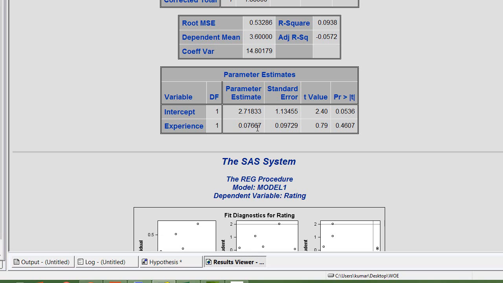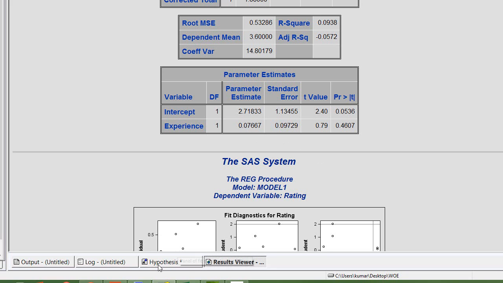Whether more years of experience or fewer, it doesn't really affect the performance level. Why? Because the p-value is greater than 0.05. It has to be less than 0.05 for this coefficient to be significant, and hence for a relationship between experience and performance level. But that's not happening here.